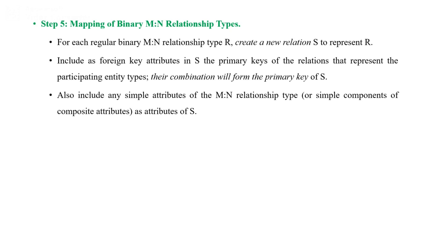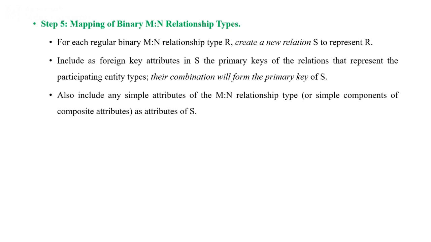These two relations, project as well as employee, are included. The primary keys of the project and the employee relations are included as foreign keys in works on, and they are renamed as project number and ESSN respectively.